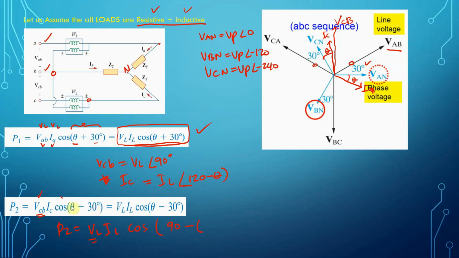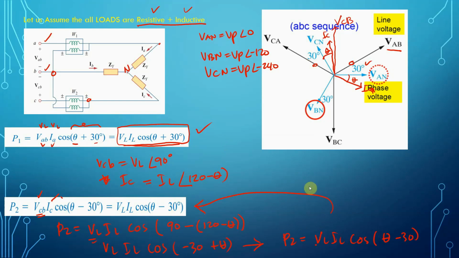Minus the phase angle of IC, which is 120 minus theta. Right? And simplify this portion. We will have VL IL cosine of minus 30 plus theta. So, we can rewrite this as P2 is equal to VL IL cosine theta minus 30, right? Which is now equivalent to this one.